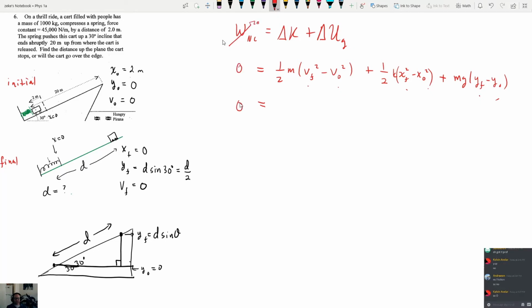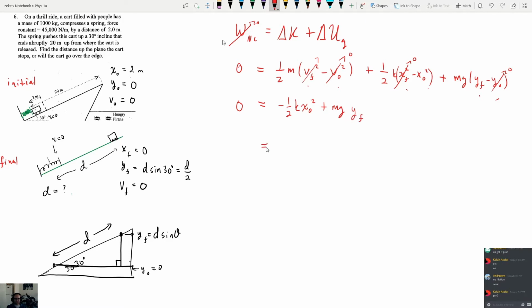So we get 0 equals all this stuff. This was 0. X final was 0. And y initial was 0. So we end up getting a negative 1/2 k times x initial squared plus mg times y final.